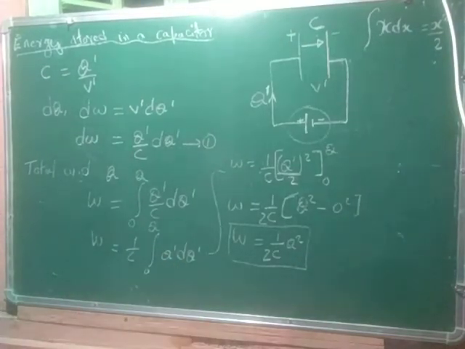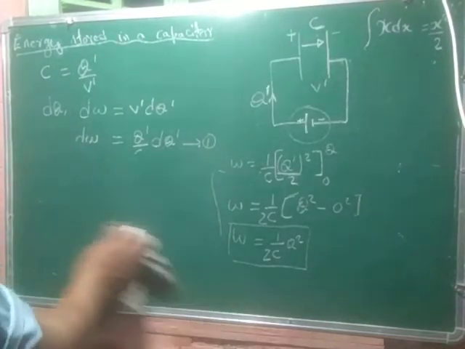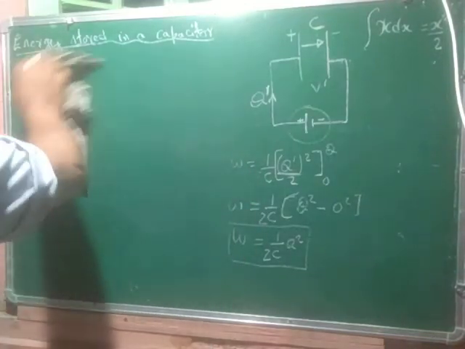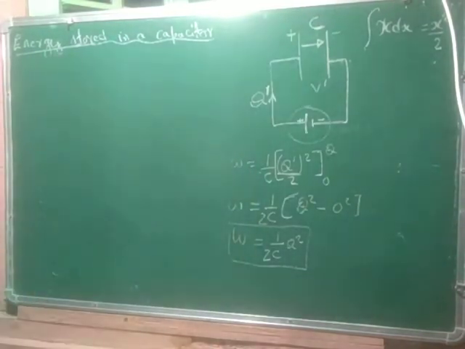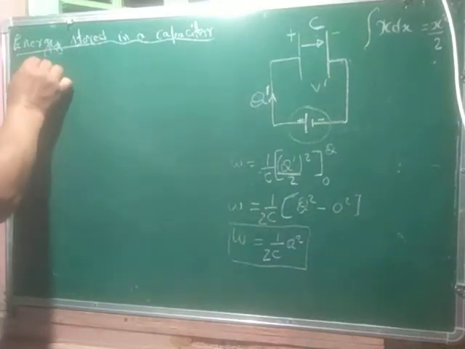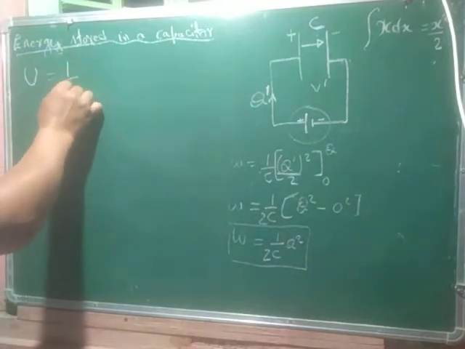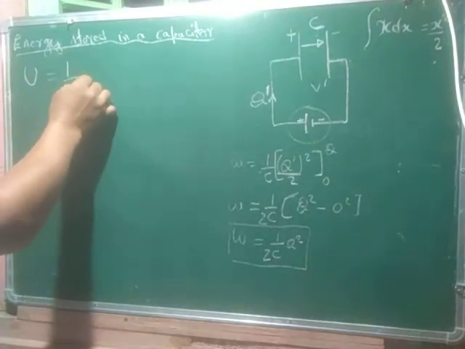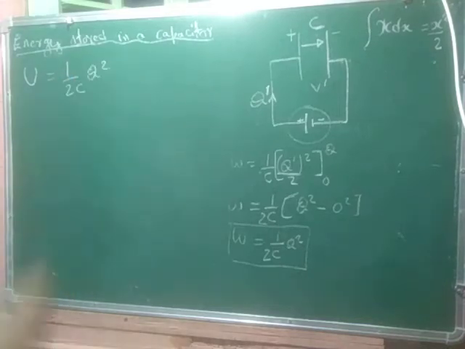So I will write the electric potential energy stored in the capacitor as U equals 1 upon 2 C Q square.